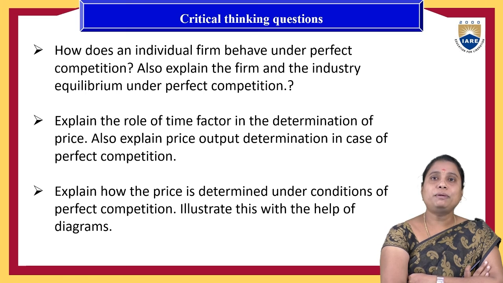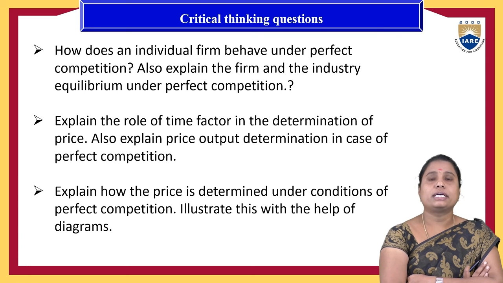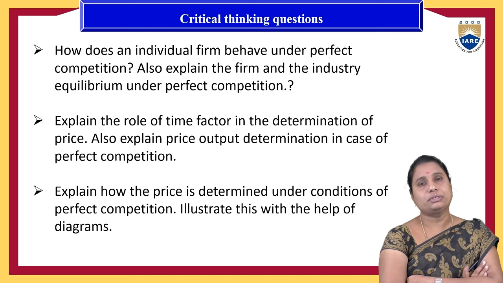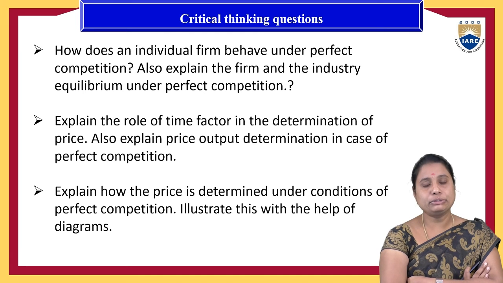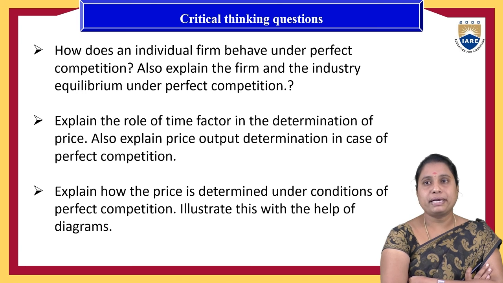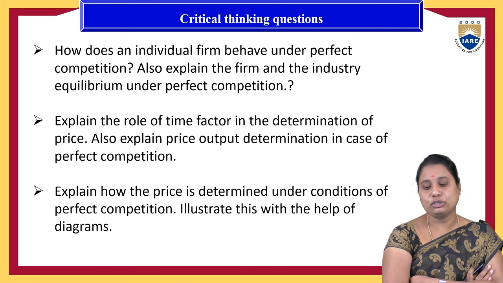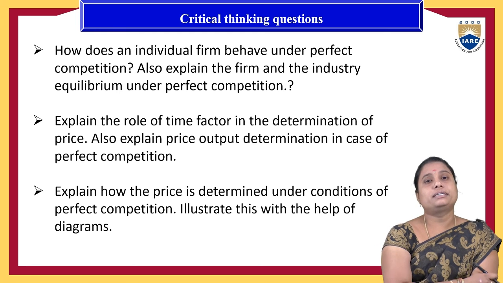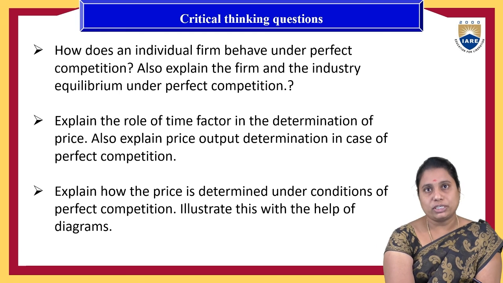And explain the role of the time factor in determining the price. Also explain price-output determination in the case of perfect competition. Related questions, and explain how price is determined under the conditions of perfect competition with illustrated examples and diagrams.